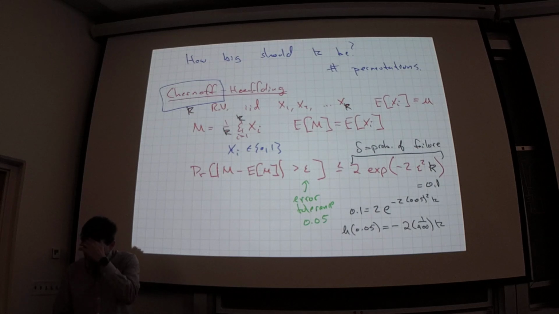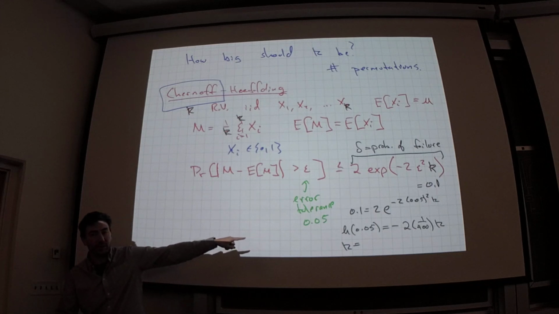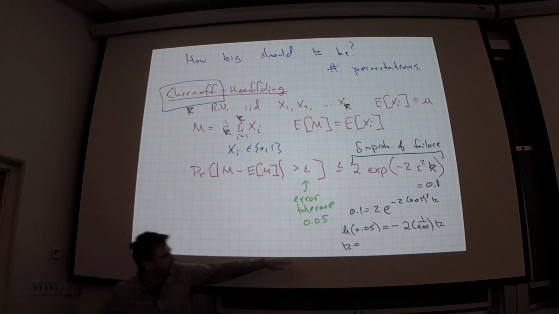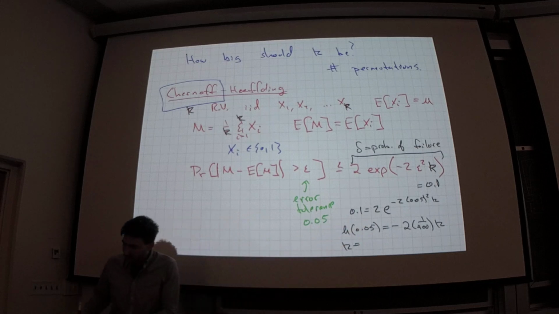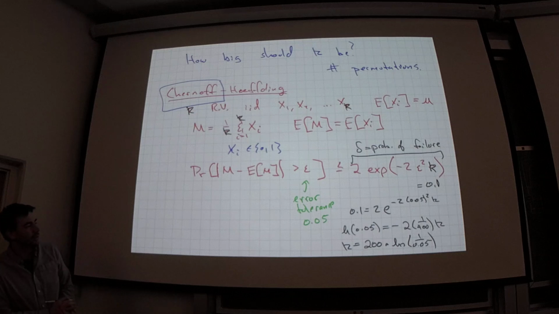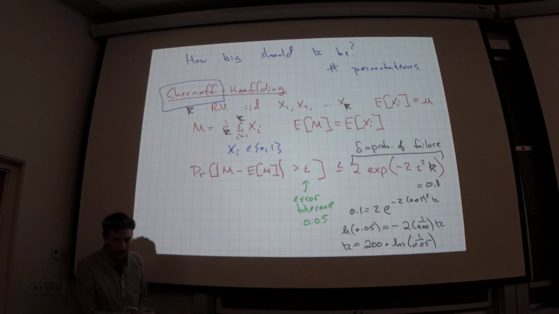Solving for k, I push the negative inside the log, which makes it a log of 1 over 0.05, because this value is already negative. So I get k equals 200 times the natural log of 1 over 0.05. This is how large k needs to be.